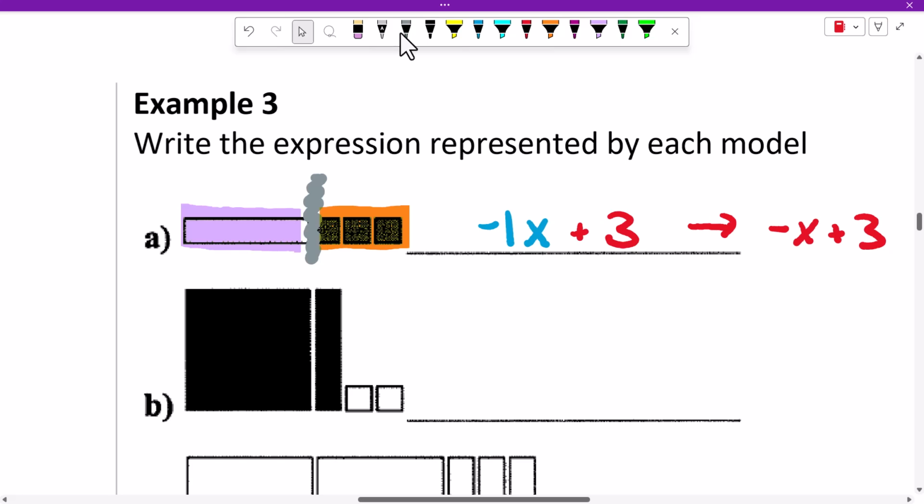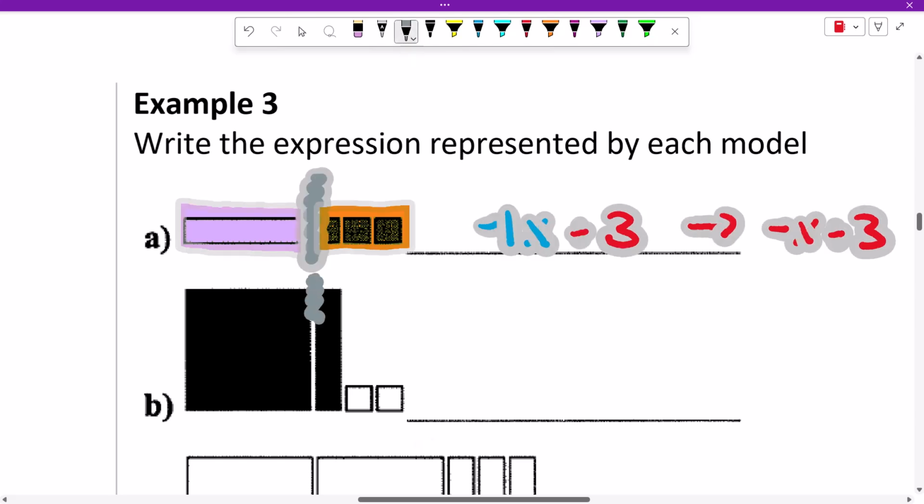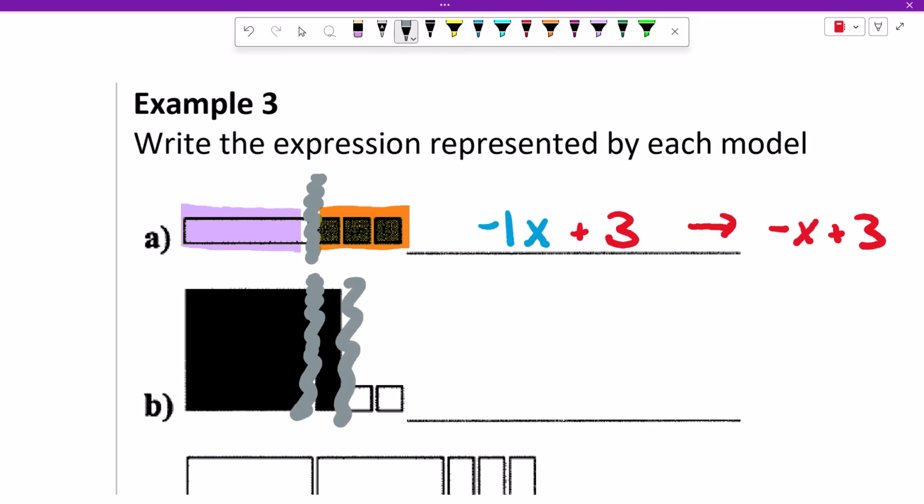So the next one, looking at question B here. Each shape separates a term. So we'll separate here and separate here. So we have 3 shapes. So our expression is going to have 3 terms. What's our first term? 1 what? 1x squared.